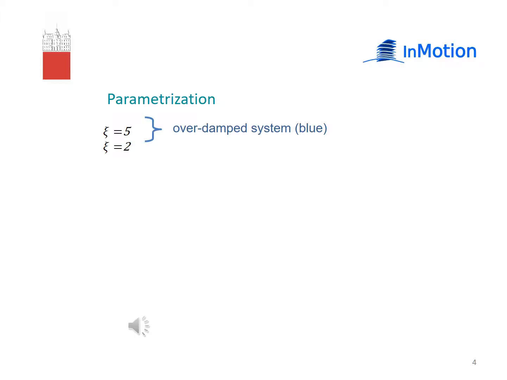We would like to plot corresponding responses in blue. When zeta is equal to 1, the system is critically damped. We would like to plot the system response with the red line for this case.